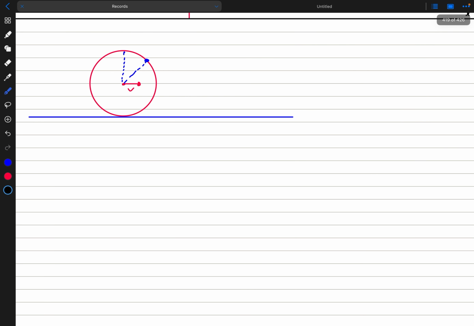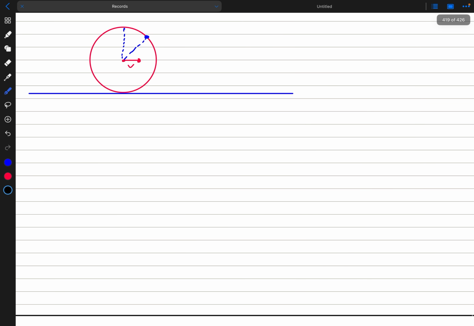Anyways, here we are interested in the velocity, right? So we are interested in how the velocity vector changes with time. If this is the point P, let's try to find out the resultant velocity. First we'll add the velocity of the center, which is a constant vector pointing to the right, and its magnitude is v, right? Now on top of this, we have to add the component due to the rotation.